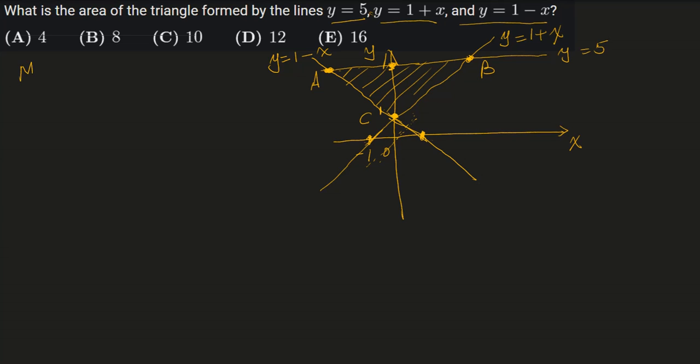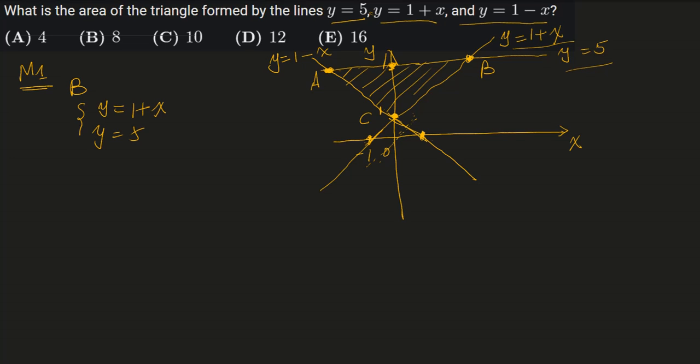So let's say method 1. In method 1, we are going to compute the coordinates of the point B. For this B, that's the intersection of these two lines, right? So what we need to do is to put them together to form an equation system. y equals 1 plus x, and y equals 5.